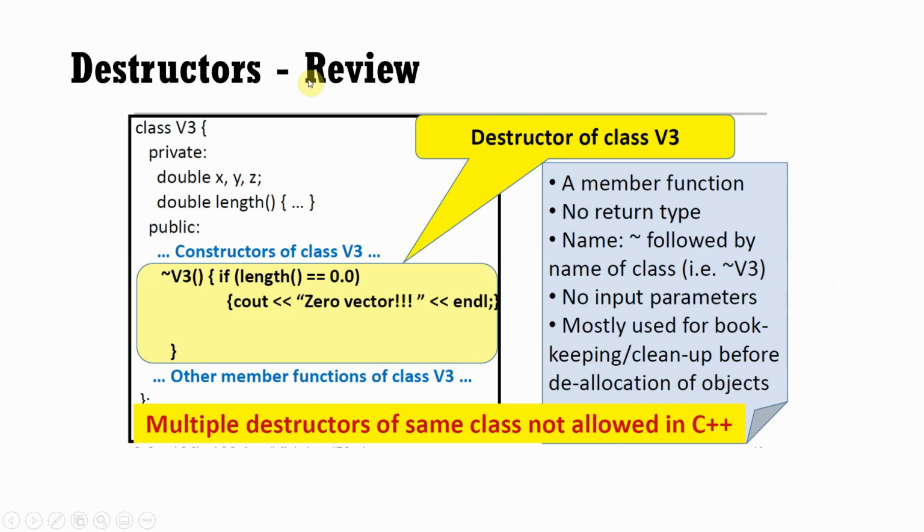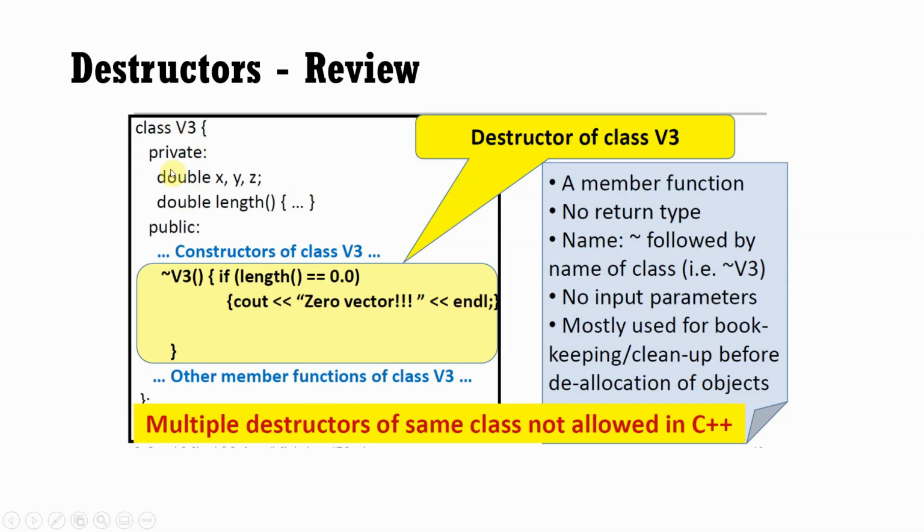As a review, the destructor is a member function and doesn't have any return type. Its name is a tilde followed by the name of the class, and it doesn't take any input parameters. It's mostly used for bookkeeping and cleaning up before the deallocation of objects. Again, if we don't have one, the compiler will generate one for us.